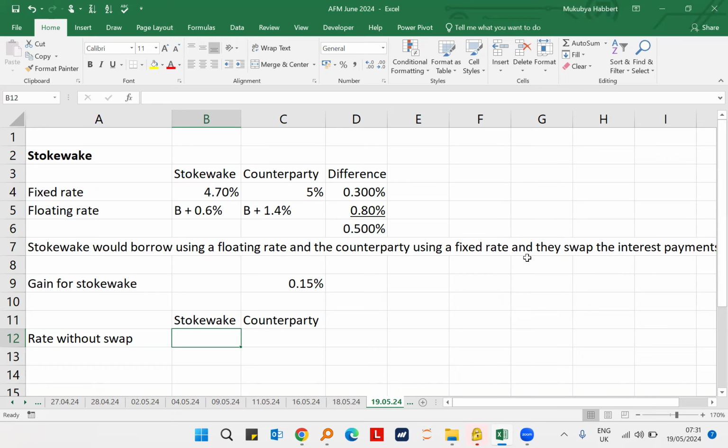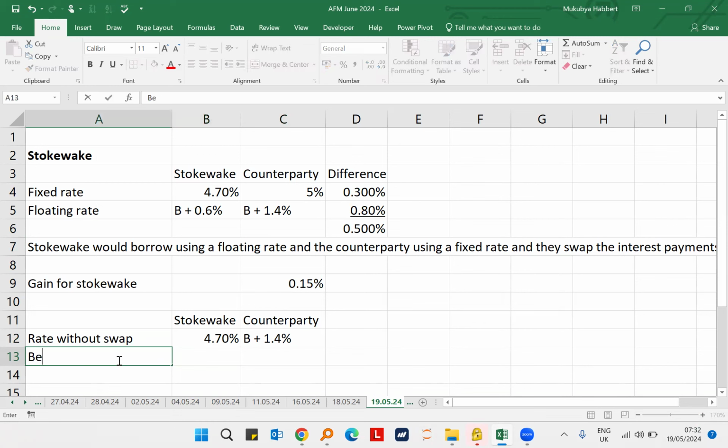But had they not done that, then Stockwake would have used a fixed rate of 4.7%. And the counterparty would have used the floating rate of base plus 1.4%. That's what would have been done. Then of course, you bring in the benefit that they have both benefited from, and it is 0.15%.